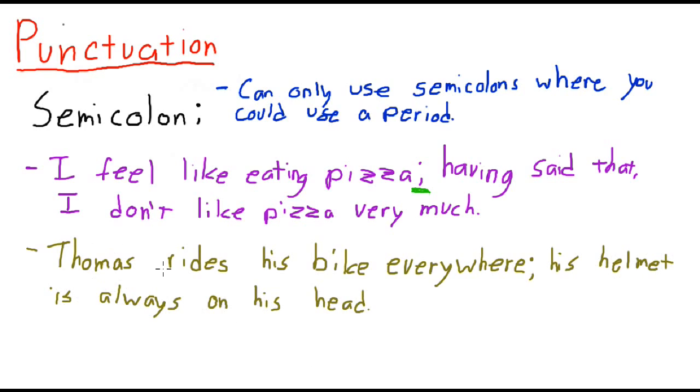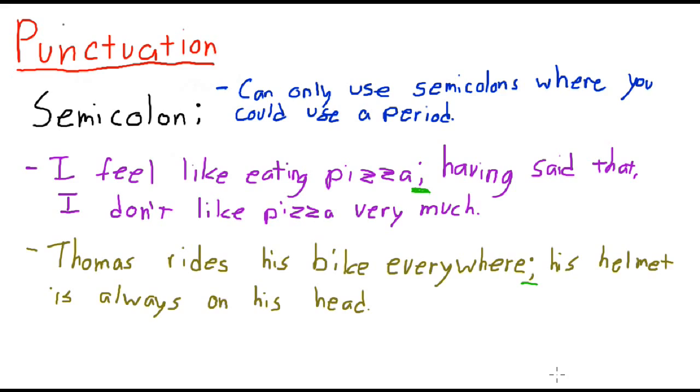Okay? Thomas rides his bike everywhere. His helmet is always on his head. So once again, we have a semicolon here. Okay? So those are two sentences. His helmet is always on his head is a sentence, and Thomas rides his bike everywhere is a sentence. And like I said, they're not necessary for them to be separated by a semicolon, but they are.